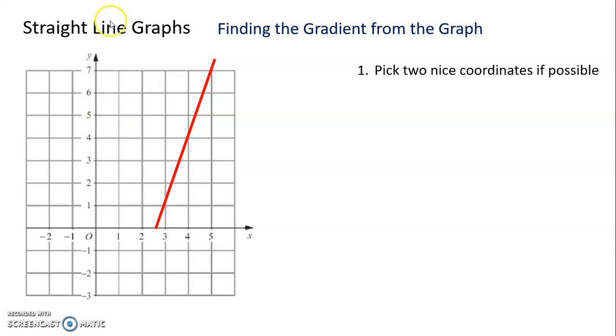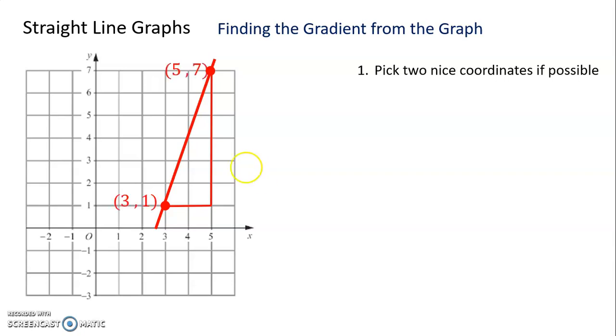What I mean by that is coordinates where the line is going through the intersections of the grid lines, because then you'll be able to read off a nice exact value. You don't want to pick one randomly in the middle of a square. So I've picked these 2, and what I'm doing is joining those up with a nice triangle here, a bit like when we were finding the length of a line previously at the beginning of this topic.